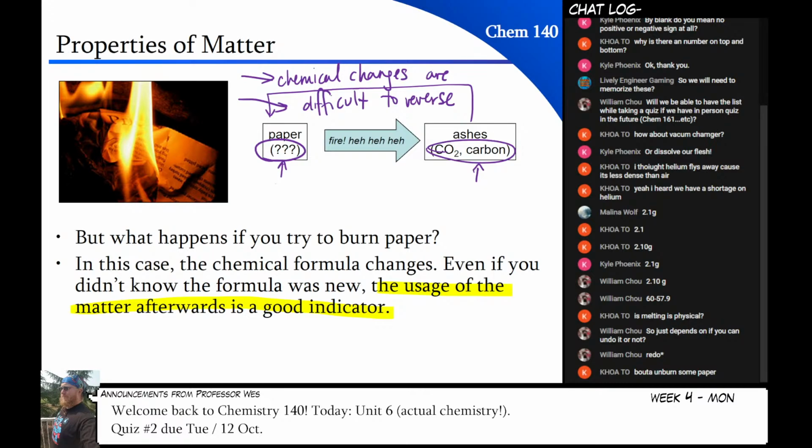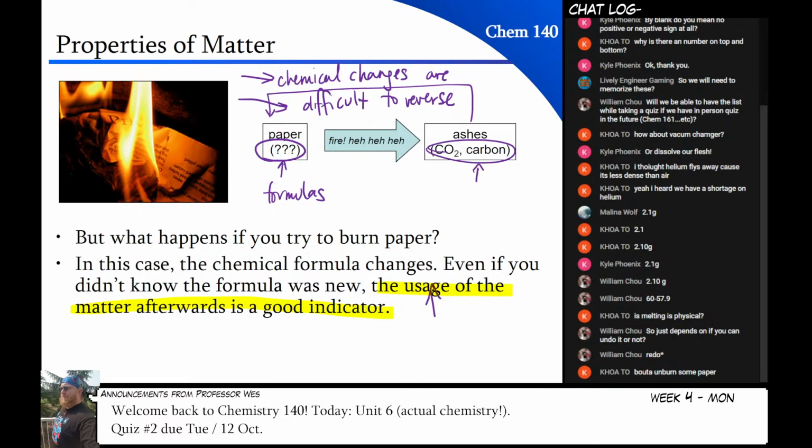The other thing that you want to look at is formulas. If the formula changes, it's always a chemical reaction. And then, lastly, if you weren't sure, how do you use the new matter? Do you use it for the same purposes? Now, again, that'll be kind of general.